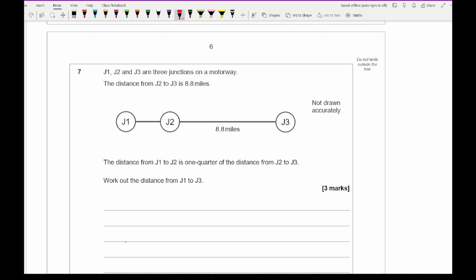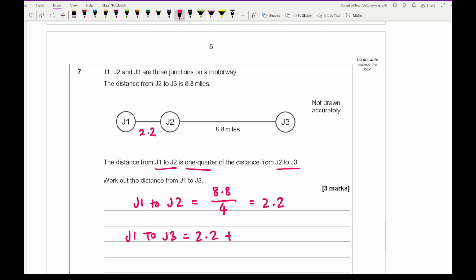Well, as J1 to J2 is 1/4 of J2 to J3, to work out a quarter of 8.8 I divide by 4, and that gives me 2.2. So J1 to J3 is going to be 2.2 plus 8.8, giving me a total answer of 11 miles.